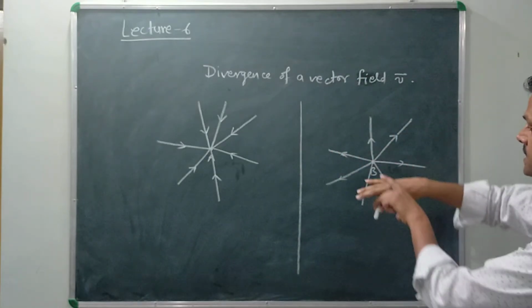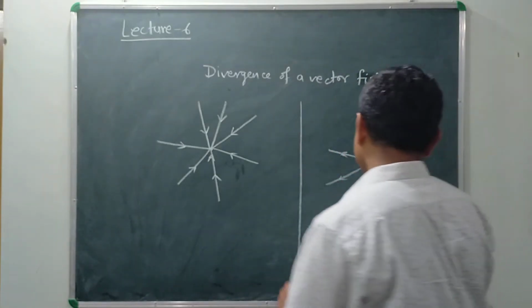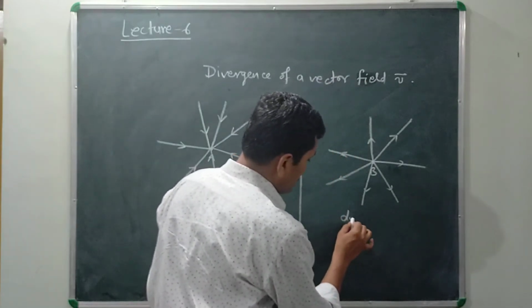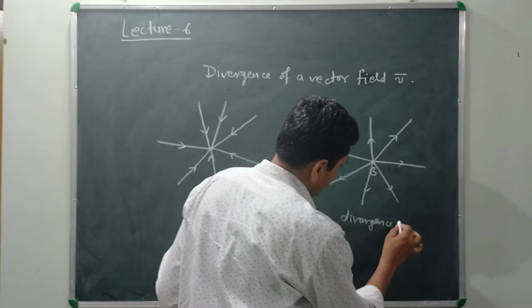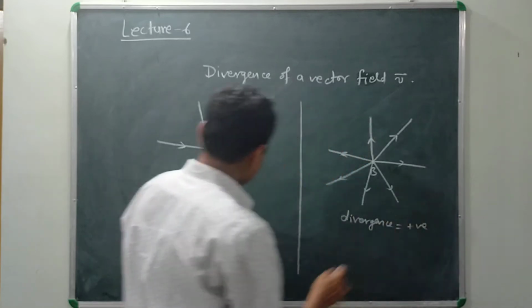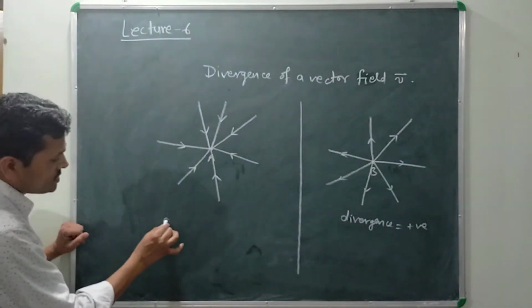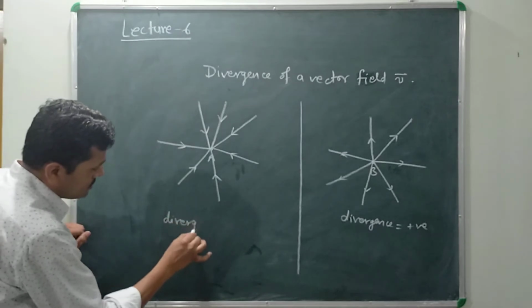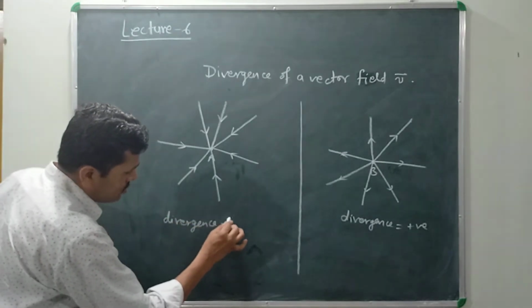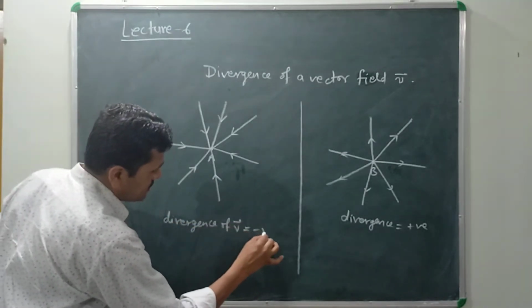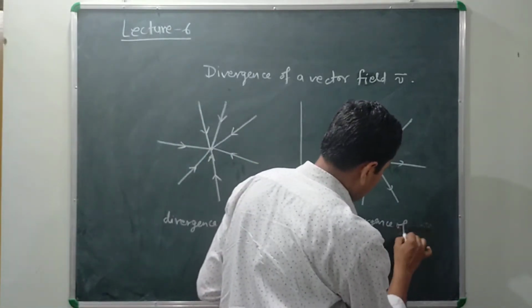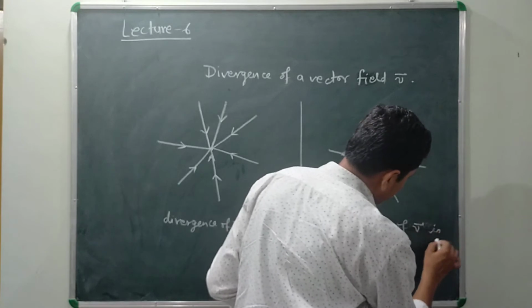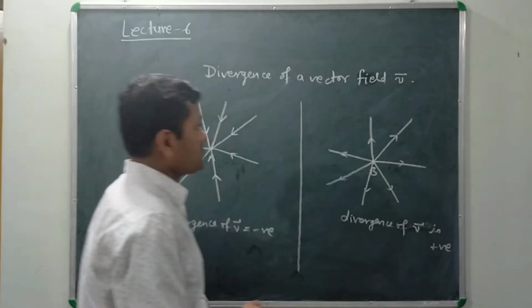Here the field lines are diverging, so here the divergence is positive. And here divergence of vector V is negative, and here divergence of vector V is positive.